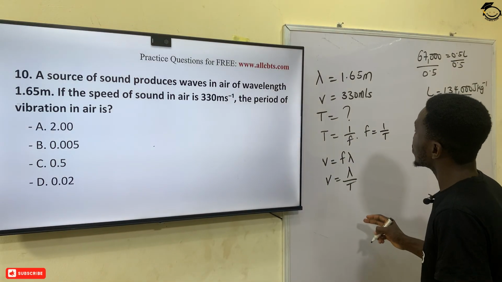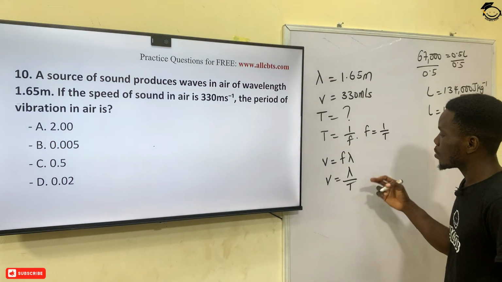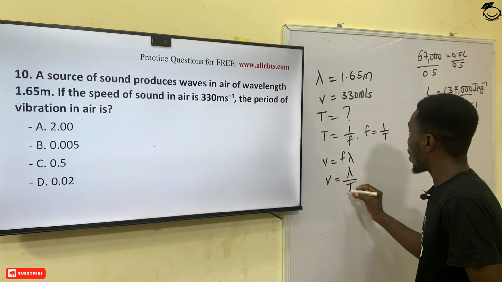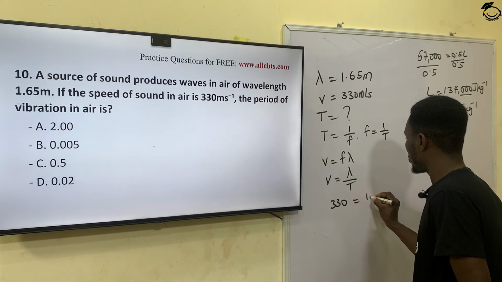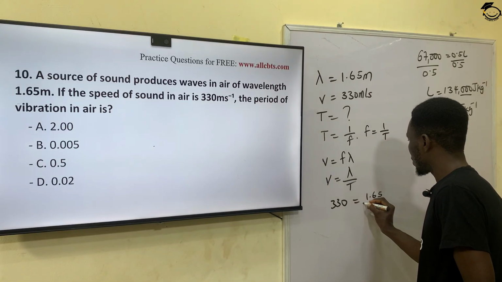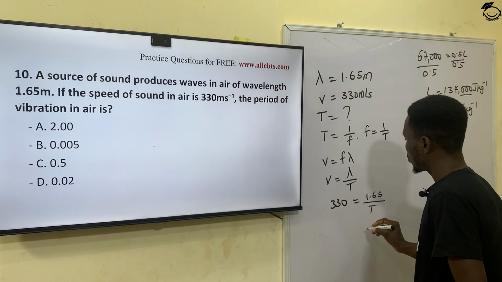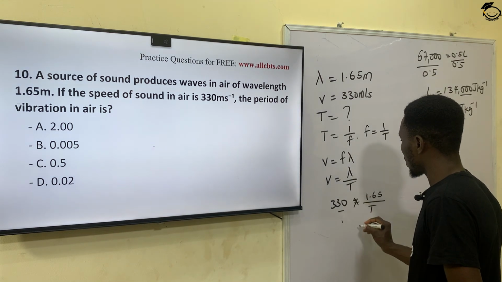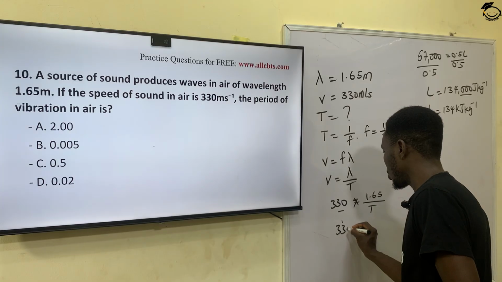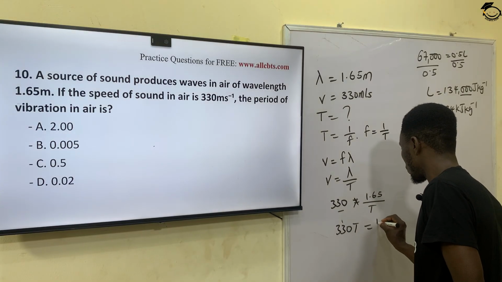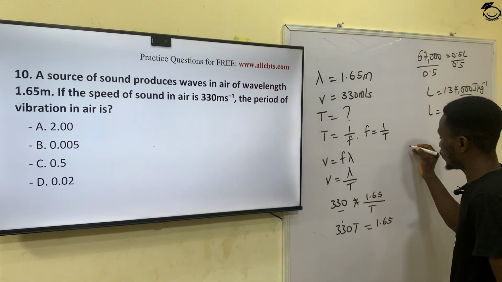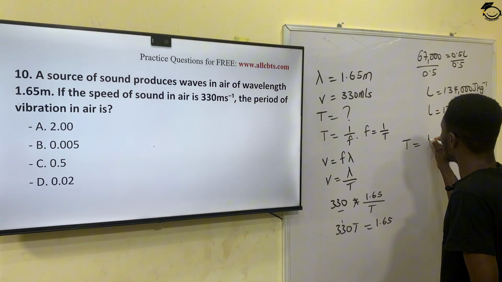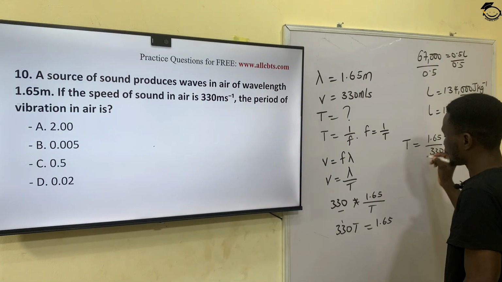Using this formula, I will have 330 is equal to 1.65 divided by period. If I cross multiply, I'll have 330 times period is equal to 1.65. If I divide both sides by 330, my period will be equal to 1.65 divided by 330.